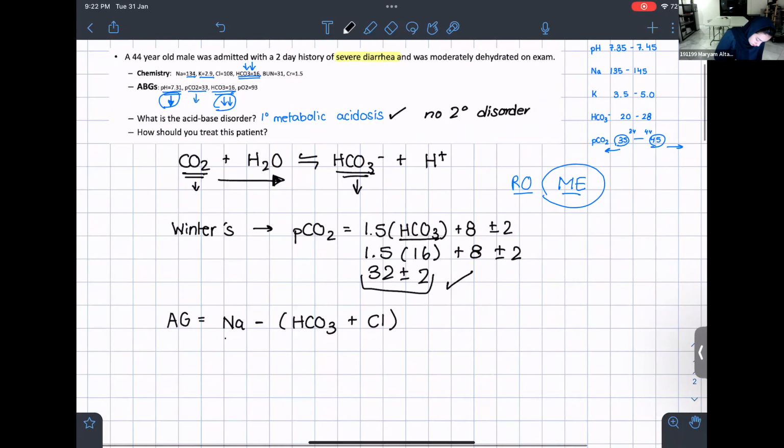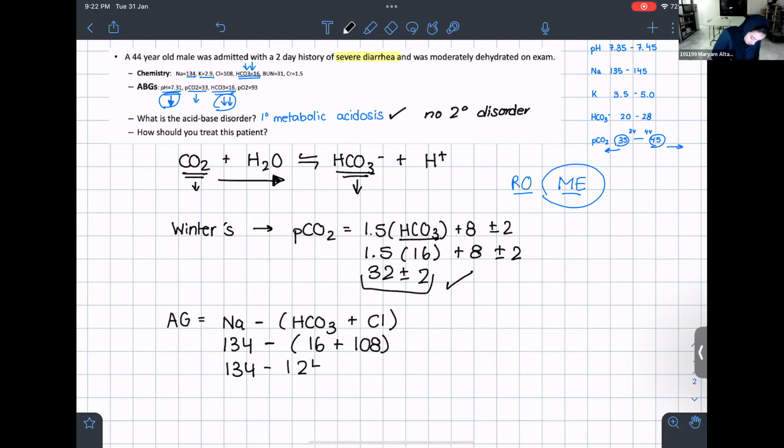Here, 134. Okay, minus bicarb is 16. Chloride is 108. Okay, 134 minus 16 plus 108, it's going to be 124.